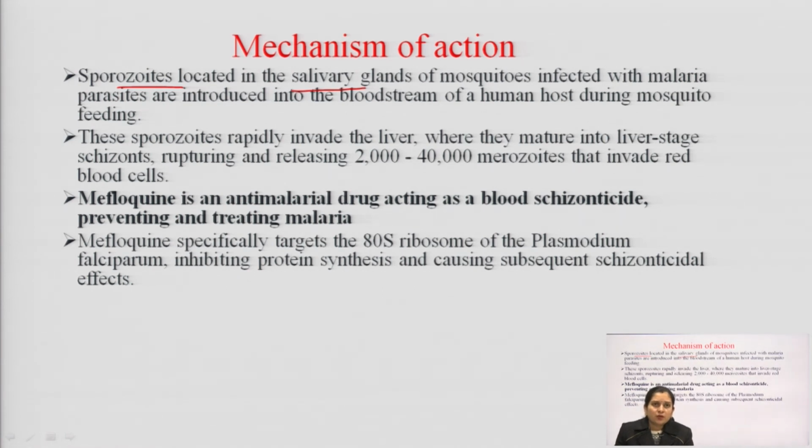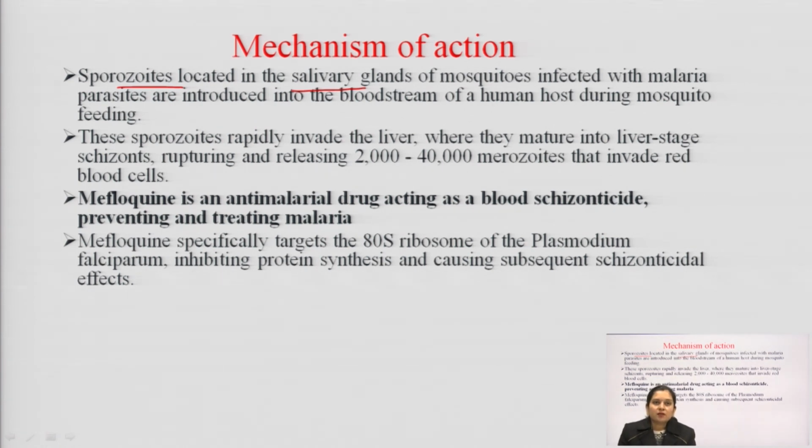These sporozoites rapidly invade the liver, then mature and go to the erythrocytic form where they infect the red blood cells. Mefloquine is an antimalarial drug which acts as a blood schizonticide, preventing and treating malaria, or we can say that it acts in the erythrocytic stage of malaria.